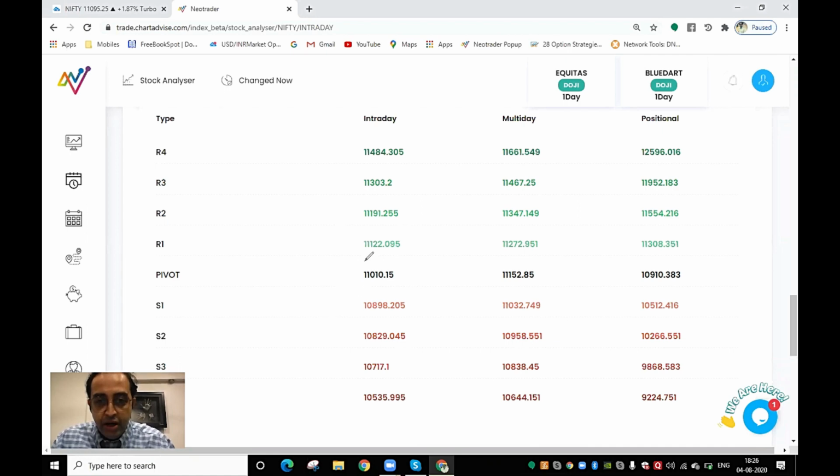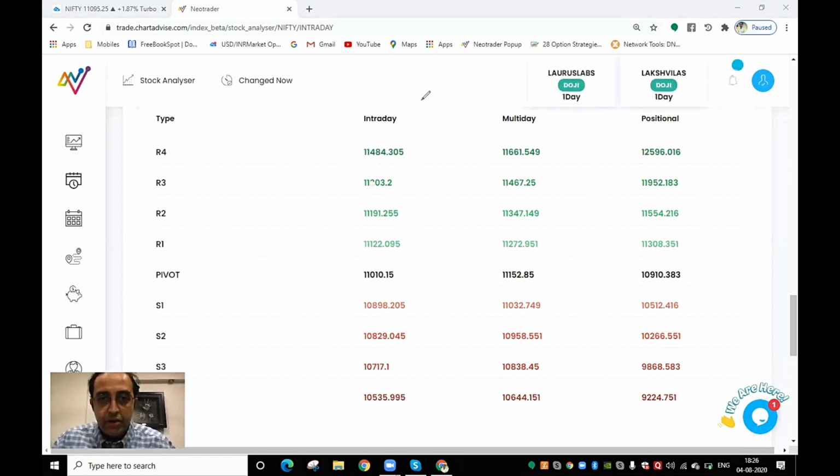So you can see here, right now what we are seeing as an important confluence on the upside is the R3. This is the R3 zone which is emerging.